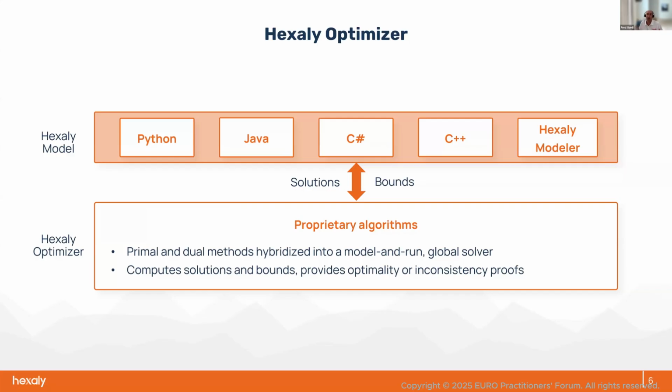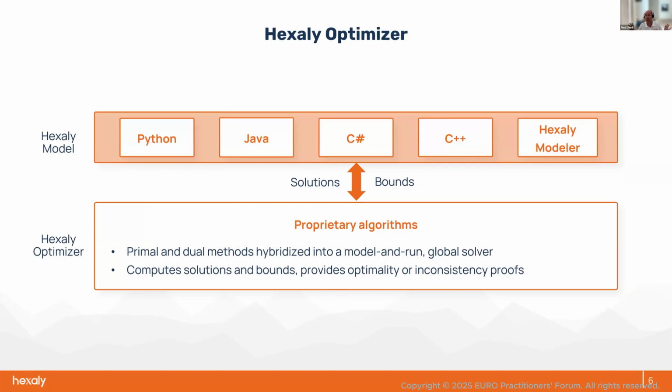So at first glance, when you look at Hexaly Optimizer, it's really like Gurobi or Cplex or any other solver. You have an API, a modeling interface. It is accessible from Python, Java, C#, C++, or as I mentioned previously, from Hexaly Modeler.